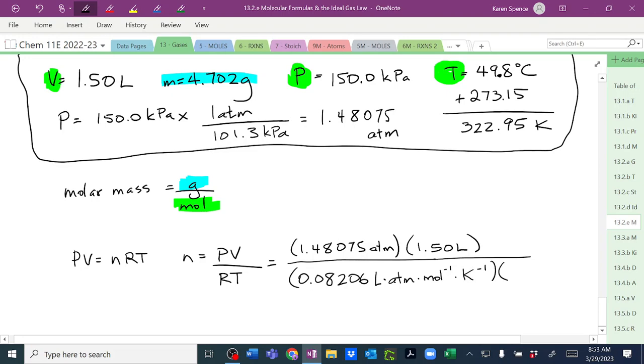And then our temperature, 322.95 Kelvin.